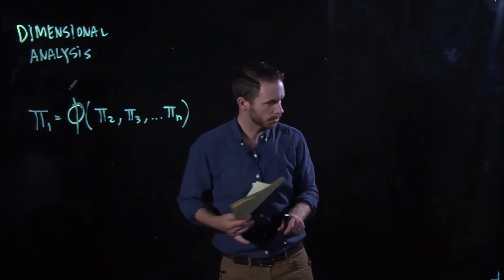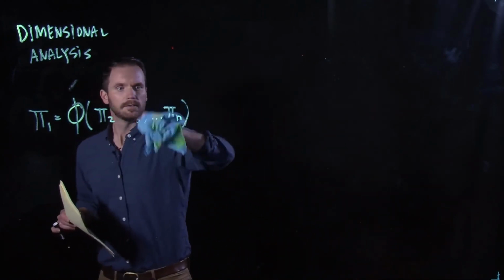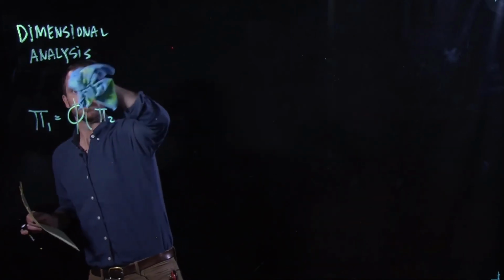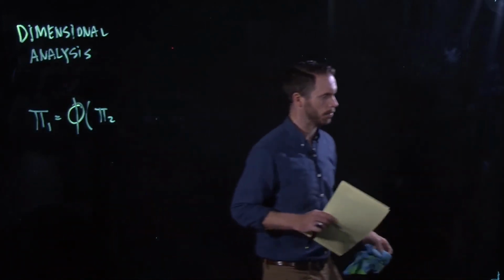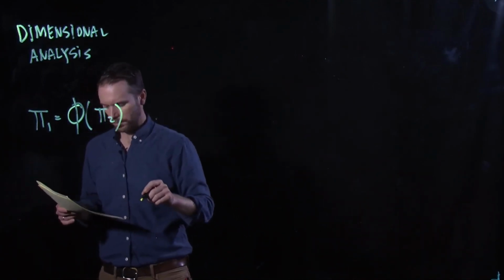So consider the case where we have a single pi term, right? So say I have a single pi term that's important to my problem, where pi 1 is just a function of pi 2. All right, well, this is pretty easy.